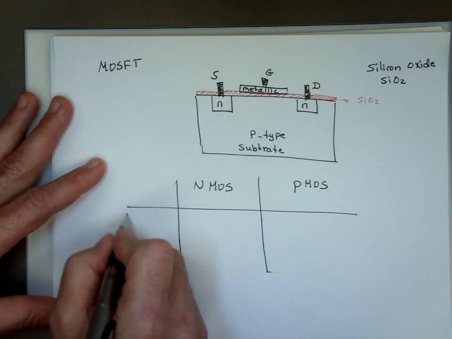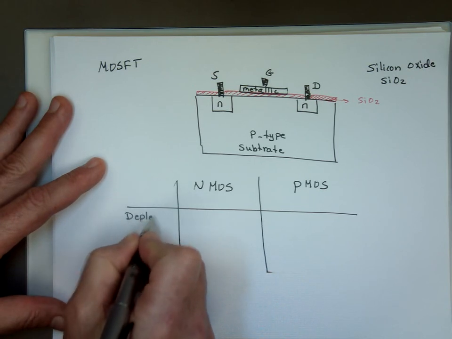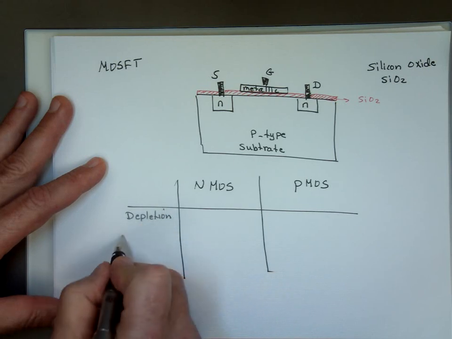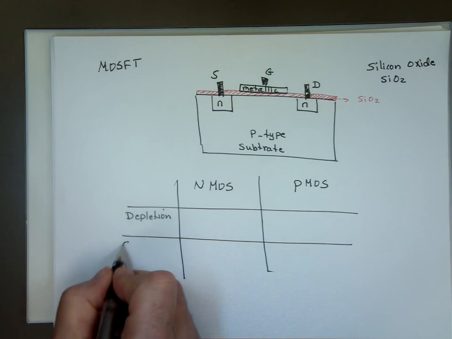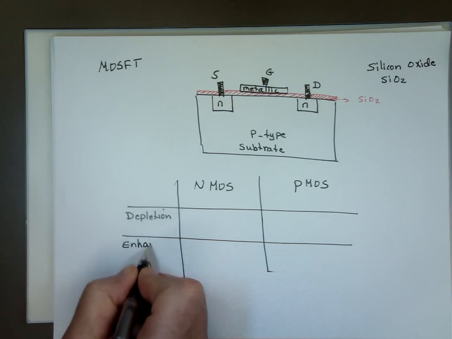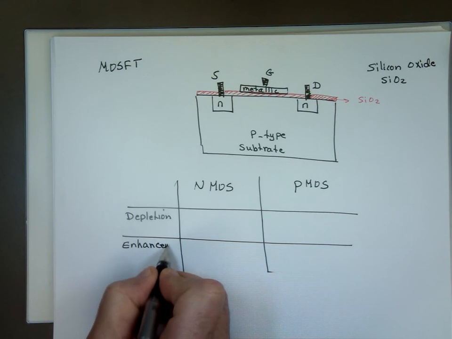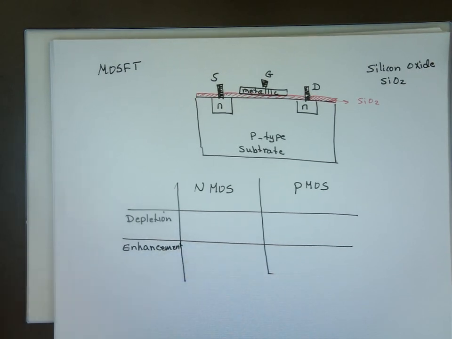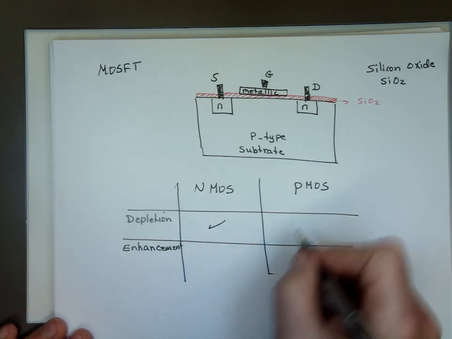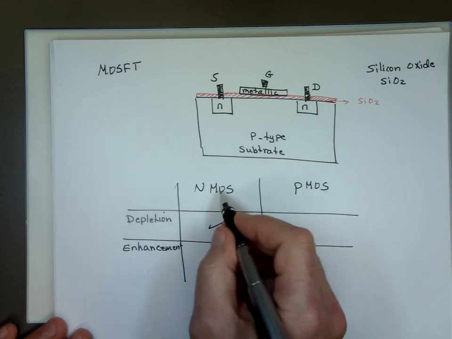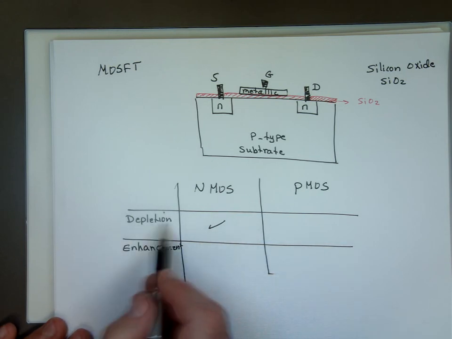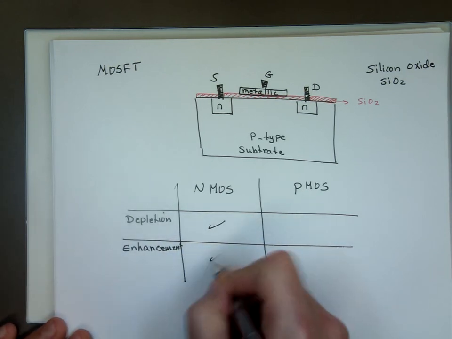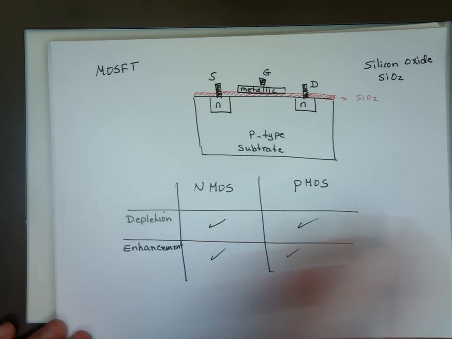One is called the depletion mode, and the other one is the enhancement mode. So you can have an NMOS depletion mode, you can have an NMOS enhancement, and a PMOS here.